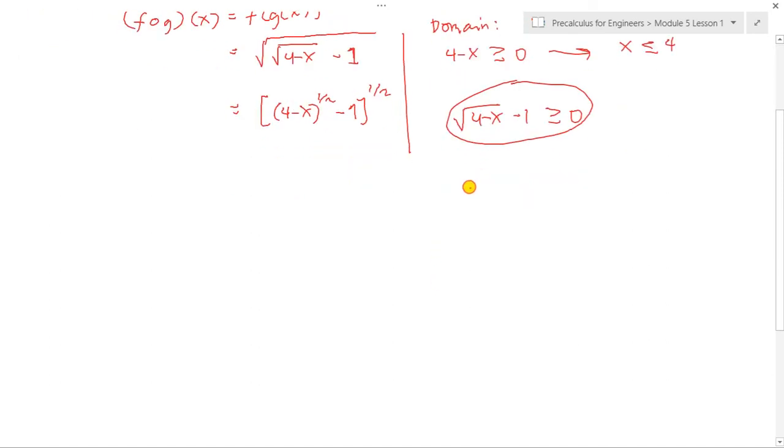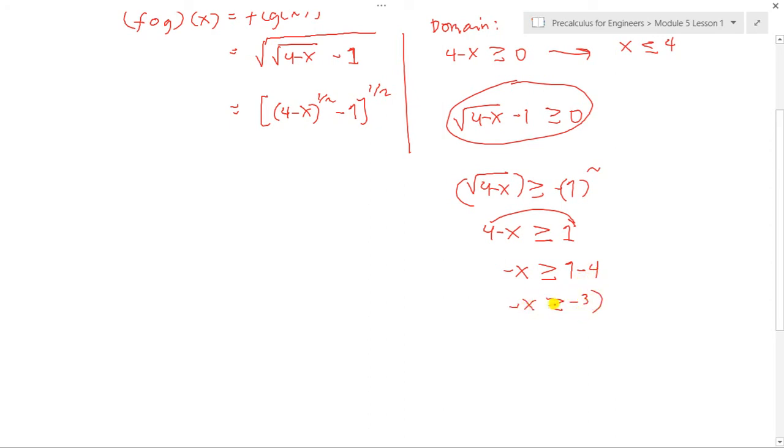We can transpose: square root of 4 minus x is greater than or equal to negative 1, then square both sides. So we have 4 minus x greater than or equal to 1. We transpose 4, so we have negative x greater than or equal to 1 minus 4, which is negative x greater than or equal to negative 3.